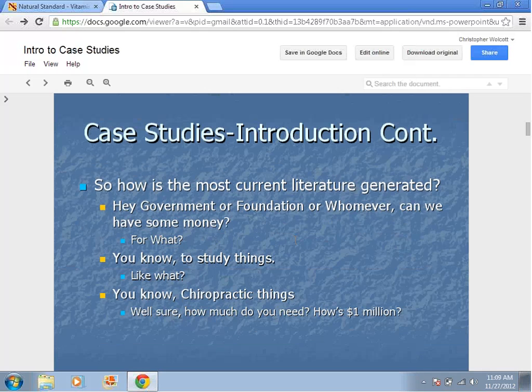But just above expert opinion is the first peer-reviewed section of the pyramid, case reports and case series. Metaphorically, it represents the foundation of the pyramid. Case reports are the foundation of the published literature.